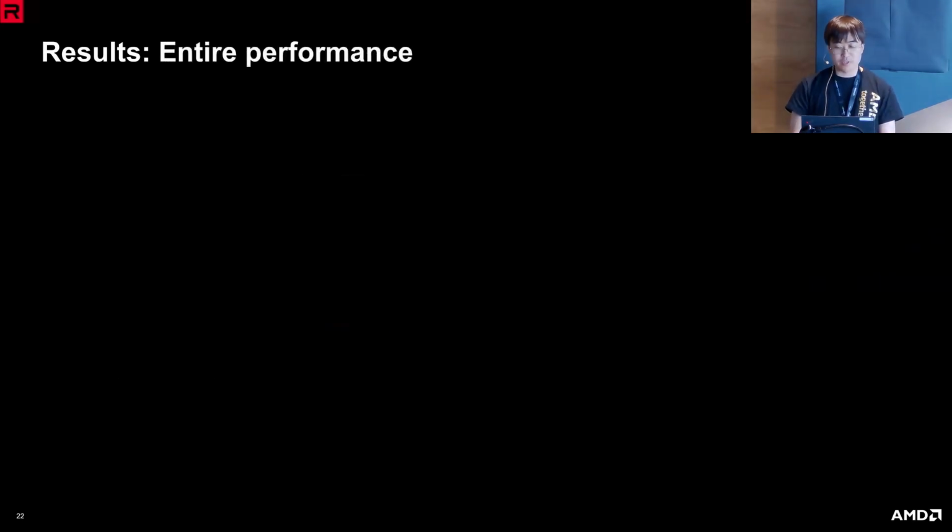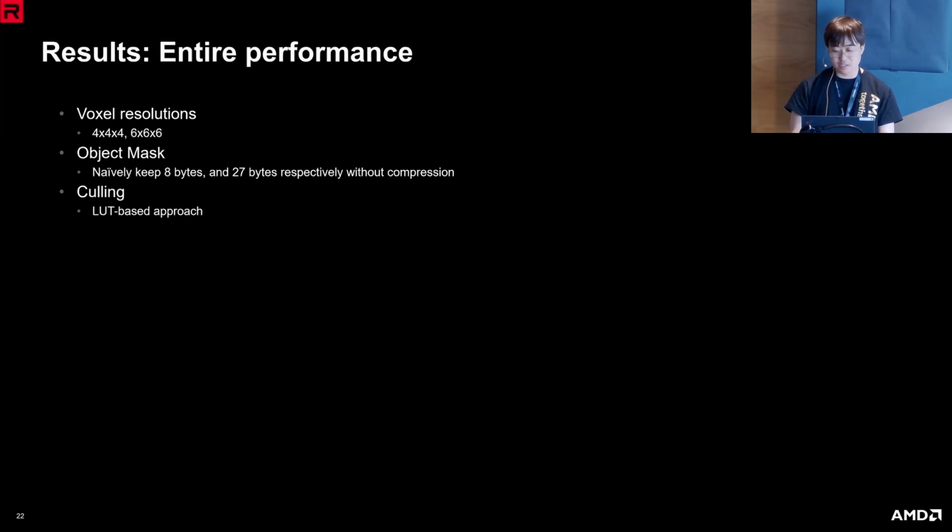We saw some intersection reductions, but what about the entire performance? The configuration here is that voxel resolutions are the same, 4x4x4 and 6x6x6. And for object mask, in this case, we naively keep 8 bytes and 27 bytes respectively without compression, to focus on the culling algorithm itself.